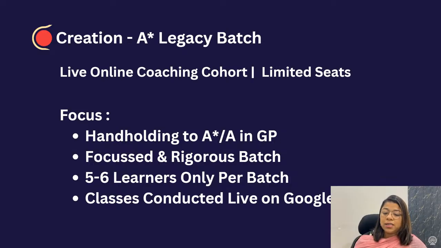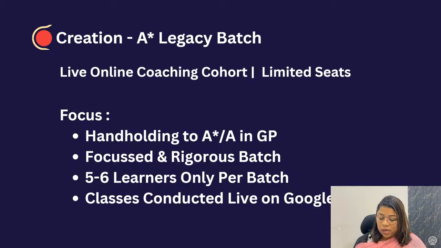And the third level is A Star Legacy Batch. Now these are my live online batches. Obviously I have narrowed it even more, and in these batches I have a limited number of learners, and here we basically do the hand holding to A Star and A in global perspective.